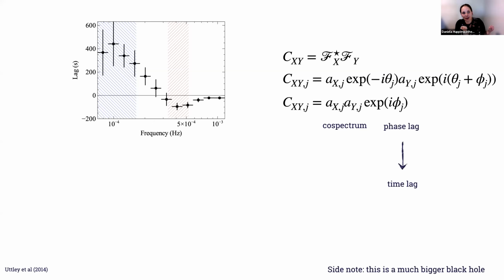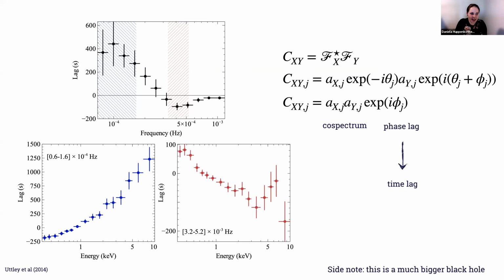You can also turn this around, and this is now going to get slightly complicated. You can do this lag for a single frequency range, but then do many lags as a function of wavelength of the light. This is what you see at the bottom.